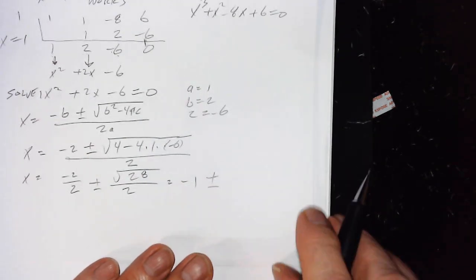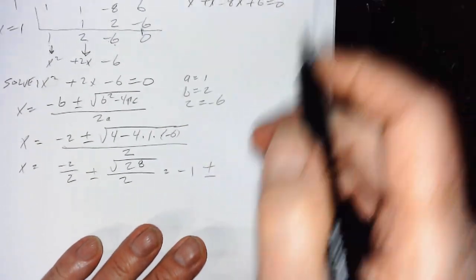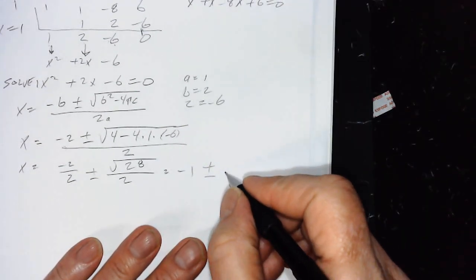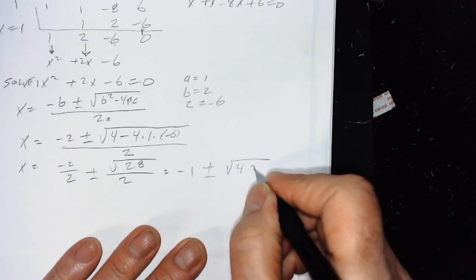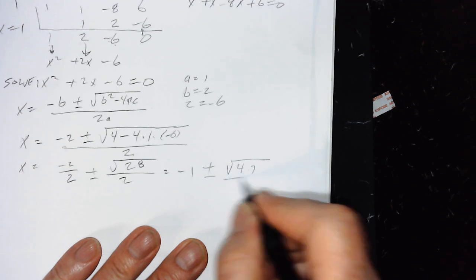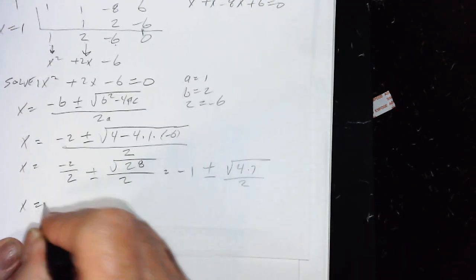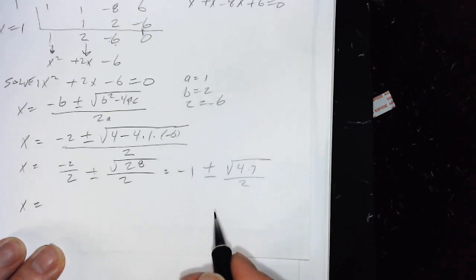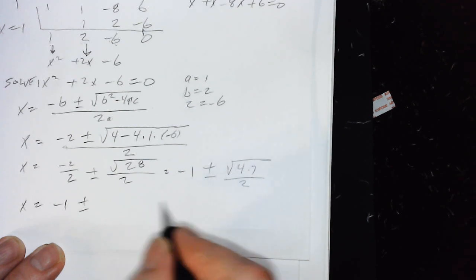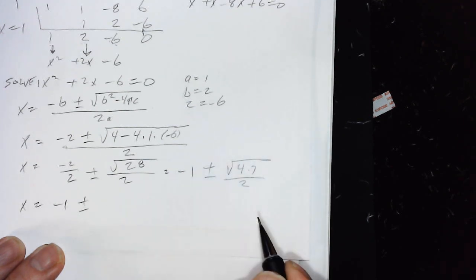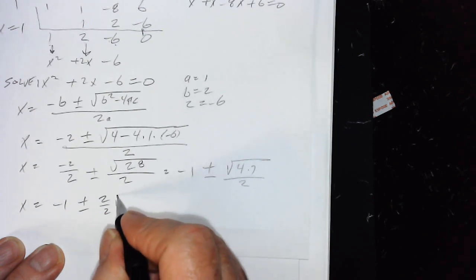This is where I had the page so that you couldn't see the whole thing. Negative 1 plus or minus the square root of 4 times 7 over 2, which is going to give us x equals negative 1 plus or minus 2 over 2 times the square root of 7.